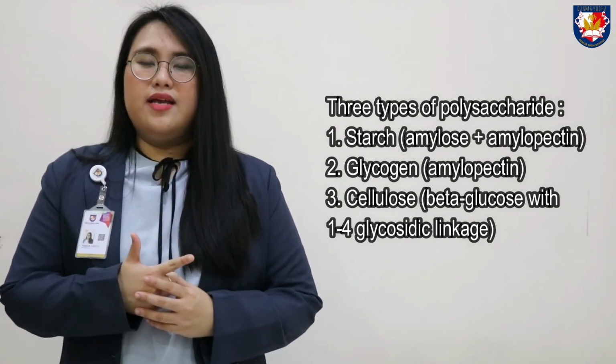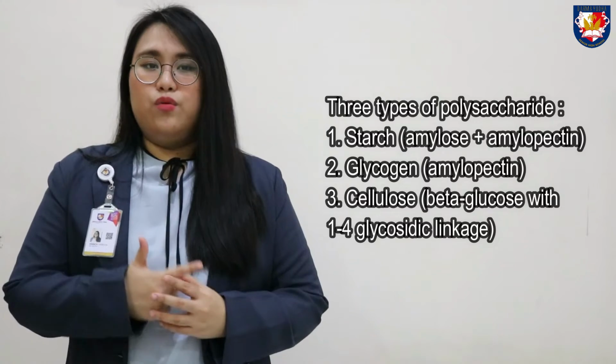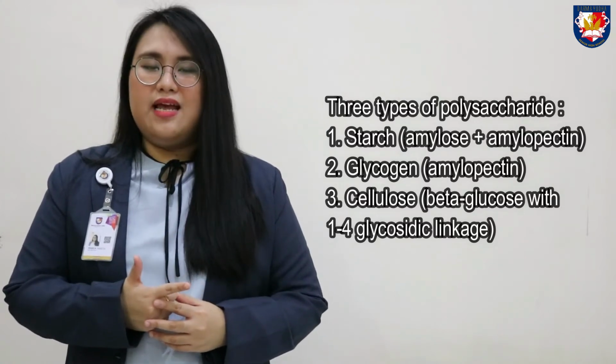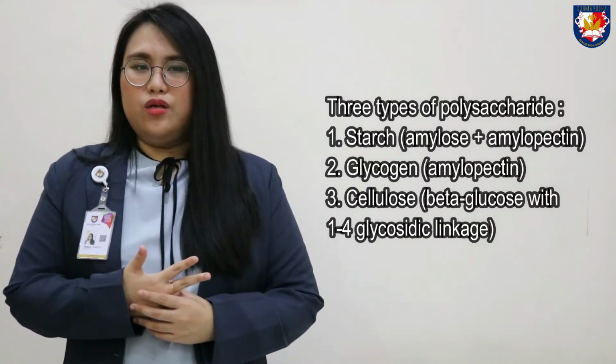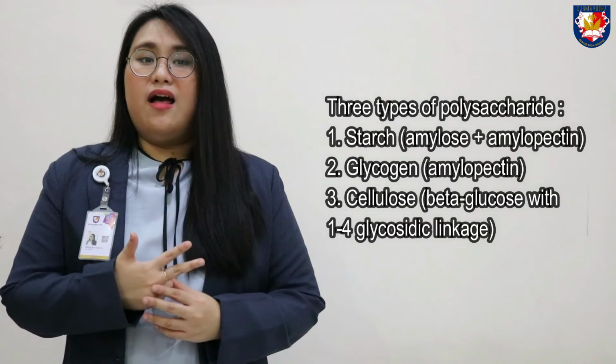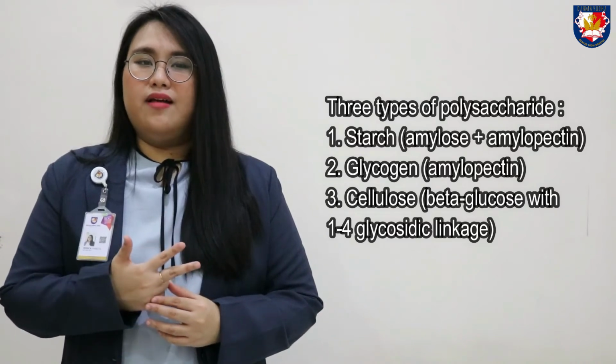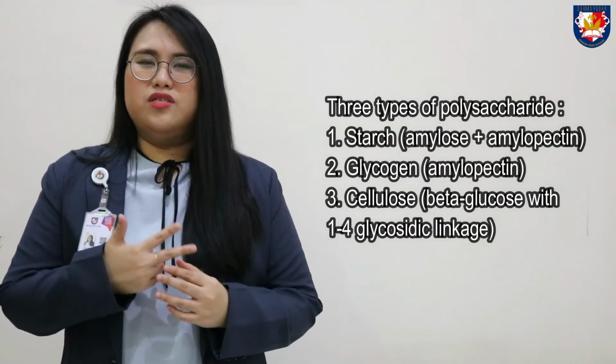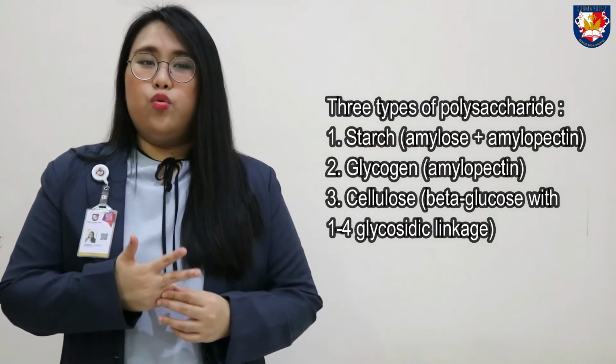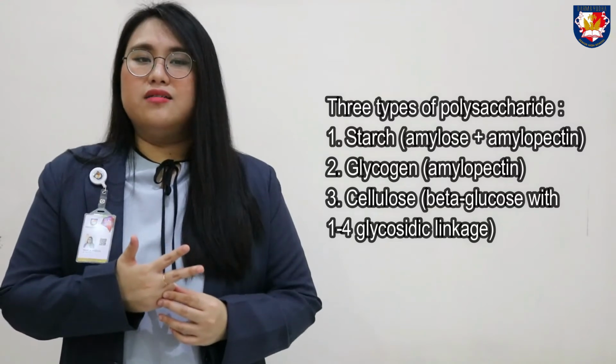The second is glycogen, which is like amylopectin. The third is cellulose, which is made of beta glucose with 1,4-glycosidic linkage. I mentioned that starch consists of amylose and amylopectin, right?